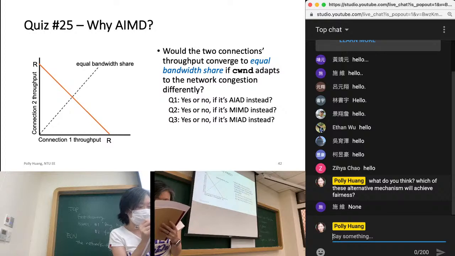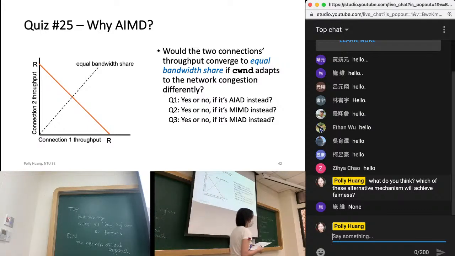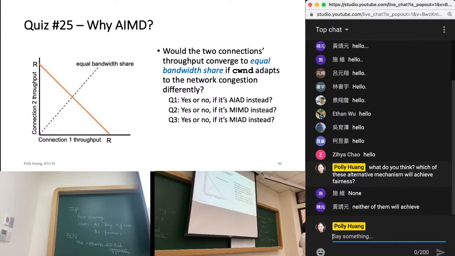That was James. Okay, Q25. I think MIAD will not be fair, because if you look at the figure for quiz 25 and put the arrow upside down, it will go outwards, not converging at all.